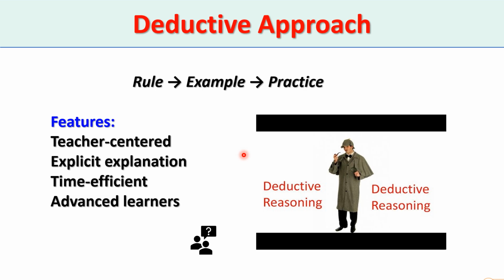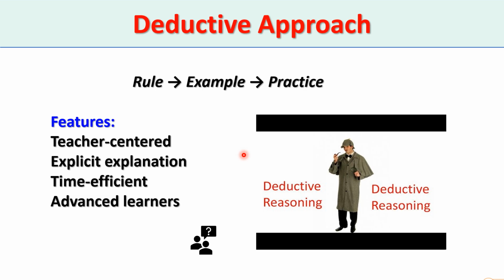A deductive approach to grammar teaching is a rule-driven, teacher-centered method where the instructor presents a grammatical rule first, then demonstrates it with examples, and finally requires students to apply the rule through a practice exercise by giving a paper or asking students to make examples by themselves.